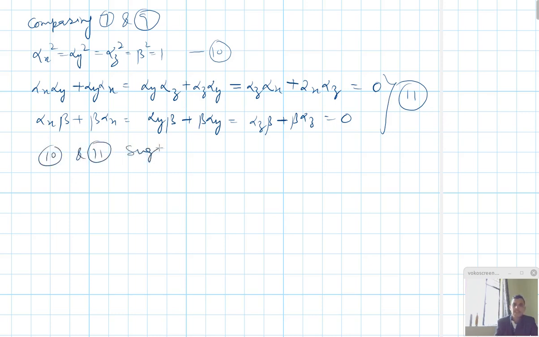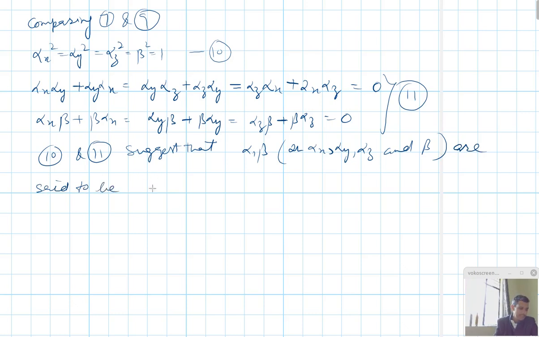suggest that alpha x, alpha y, alpha z and beta are said to anticommute, and their squares are unity. That's what we are getting.